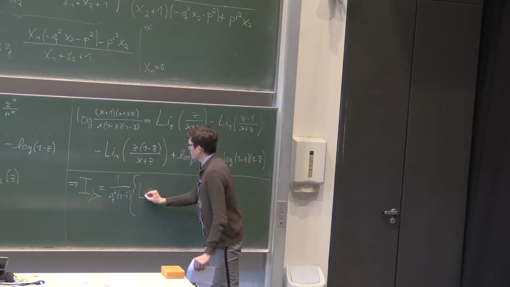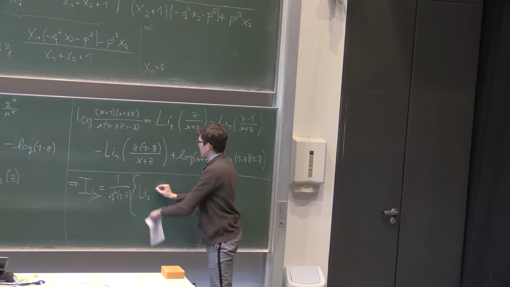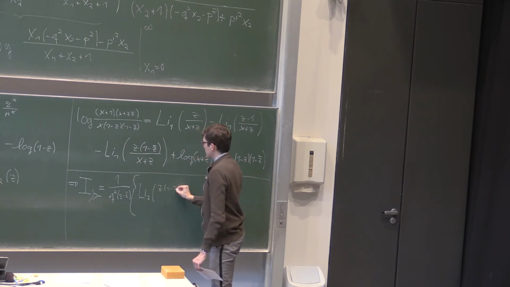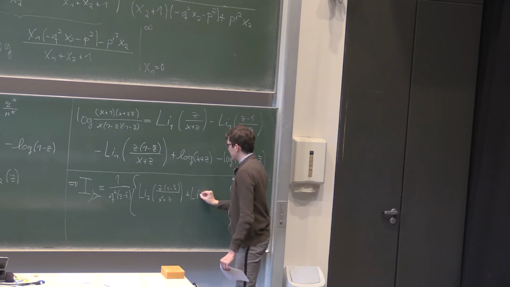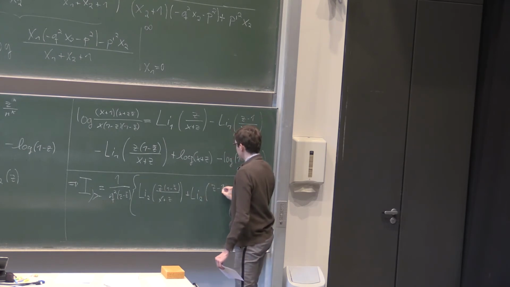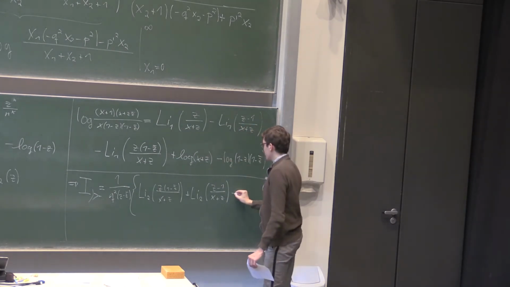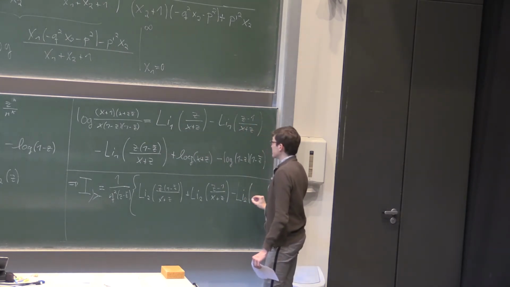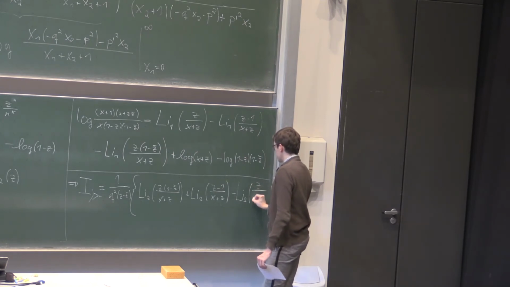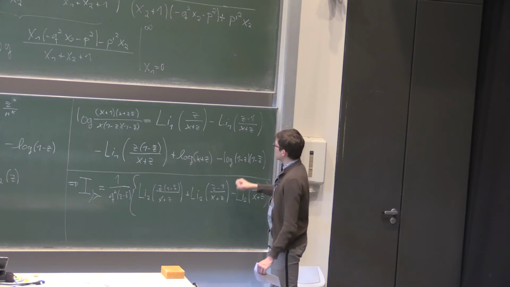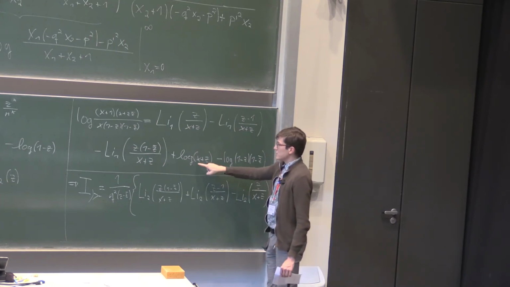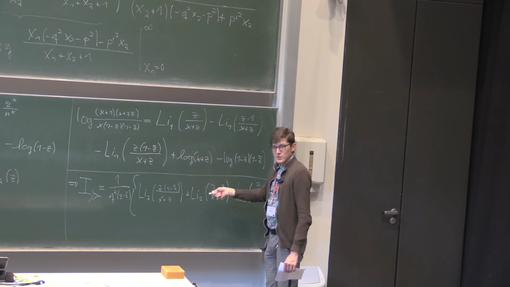So we get Li2 here of z times 1 minus z bar over x plus z. We have a Li2 from here. We have a minus Li2 from there. And then we have these two terms. So this is easy to integrate because this is log of x plus z divided by x plus z, so it's just half log squared.